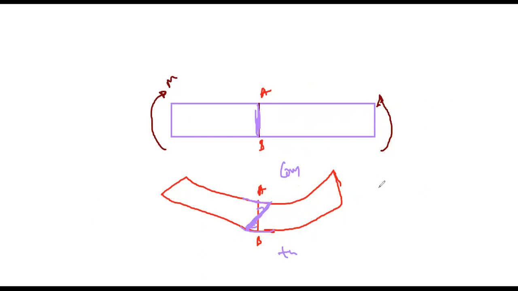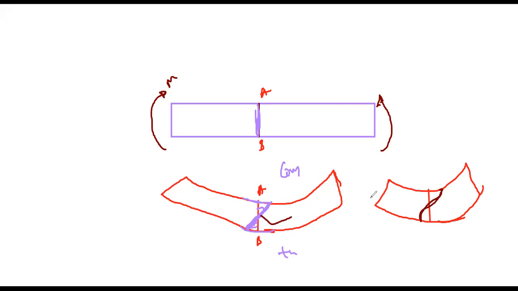That was the assumption. But in usual practice, what happens after bending? Usually, it looks like this. If the beam was bent like this, and this was the earlier plane, after bending it may look like this.